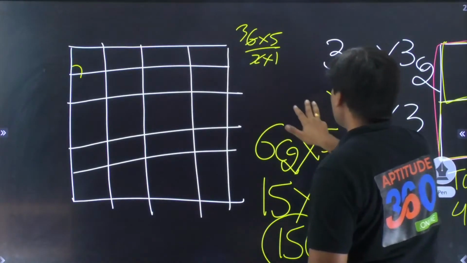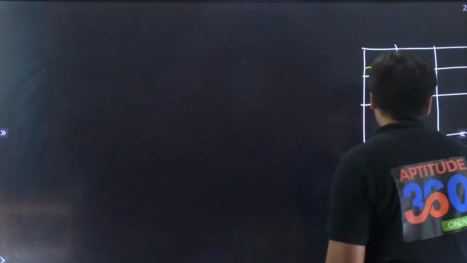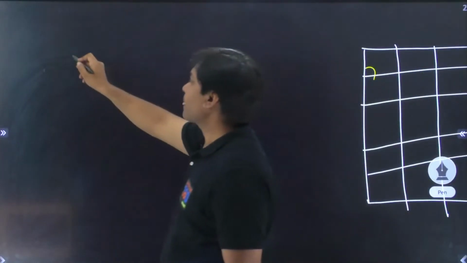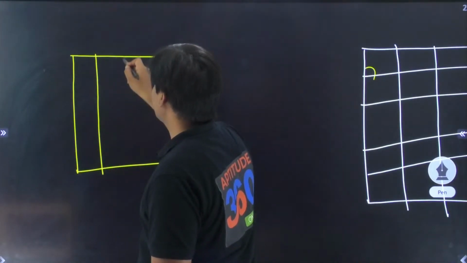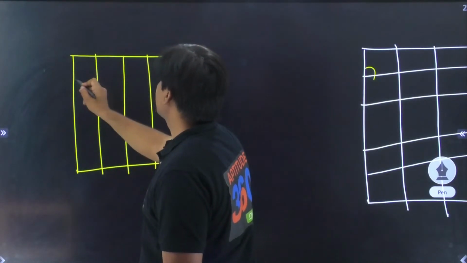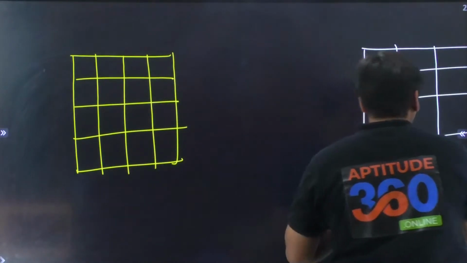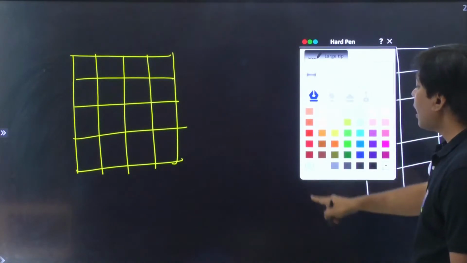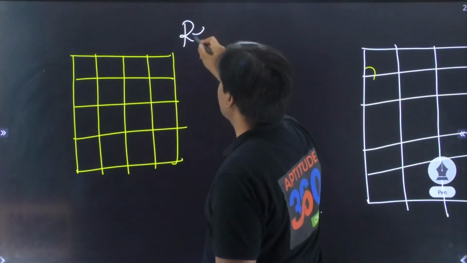So before we go ahead, I need you to solve this problem also. Such a simple problem this will look like now. How many, in this figure, how many rectangles you see?